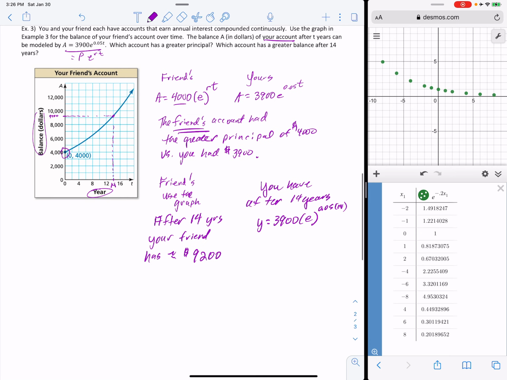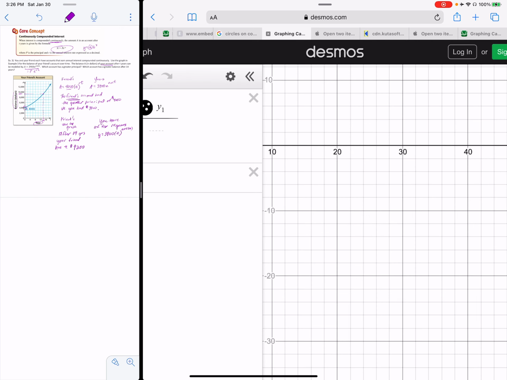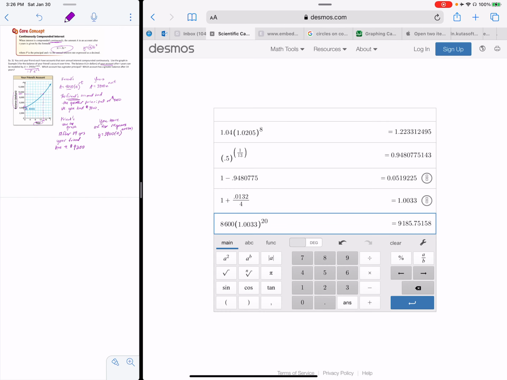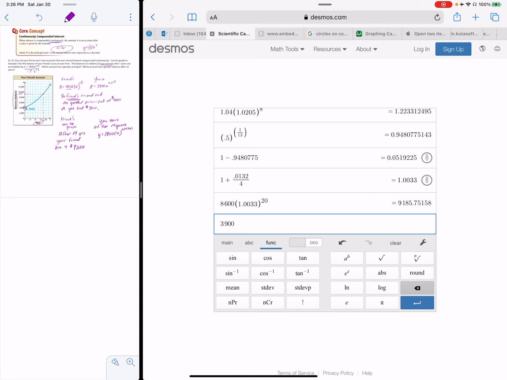So we're going to go over and calculate that. And I'm going to go here, scientific. And so we have 3,900. And when you're in the scientific calculator, they do give you an e to the x.